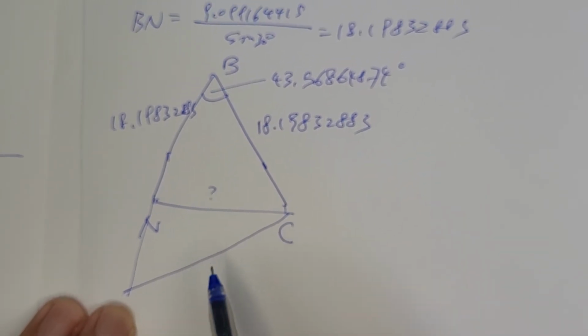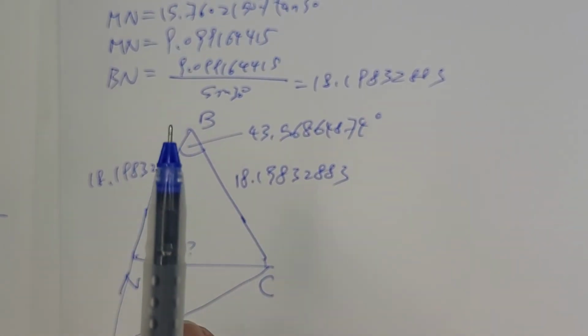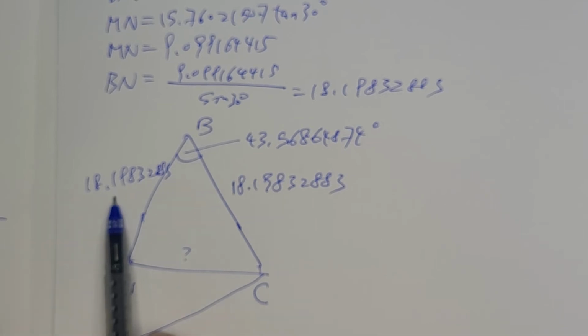So you can use the cosine rule, the cosine law, to find NC.